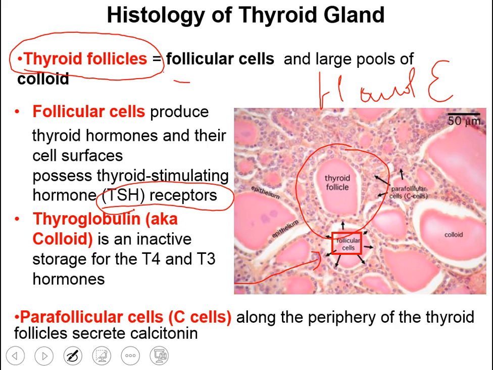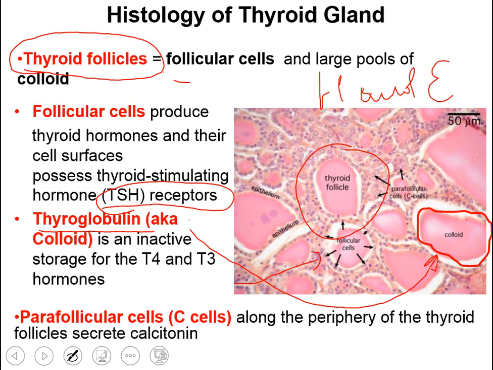Okay, the principal component of the eosinophilic colloid seen in routine hematoxylin and eosin preparations, as is shown on this section, is called thyroglobulin. Alright, colloid or thyroglobulin. This is an inactive storage for the T3 and T4 hormones, and keep in mind that thyroglobulin by itself is not a hormone, it's a kind of storage form for the hormones.